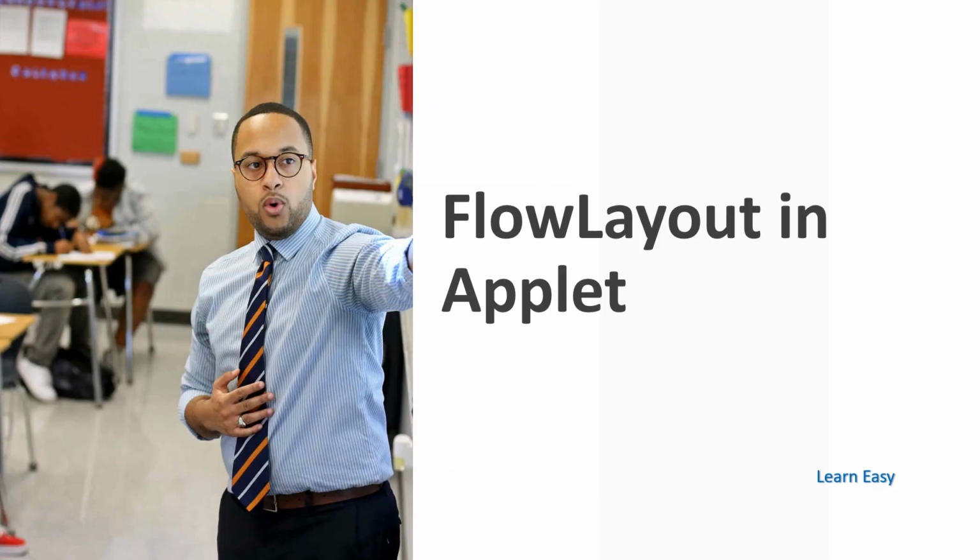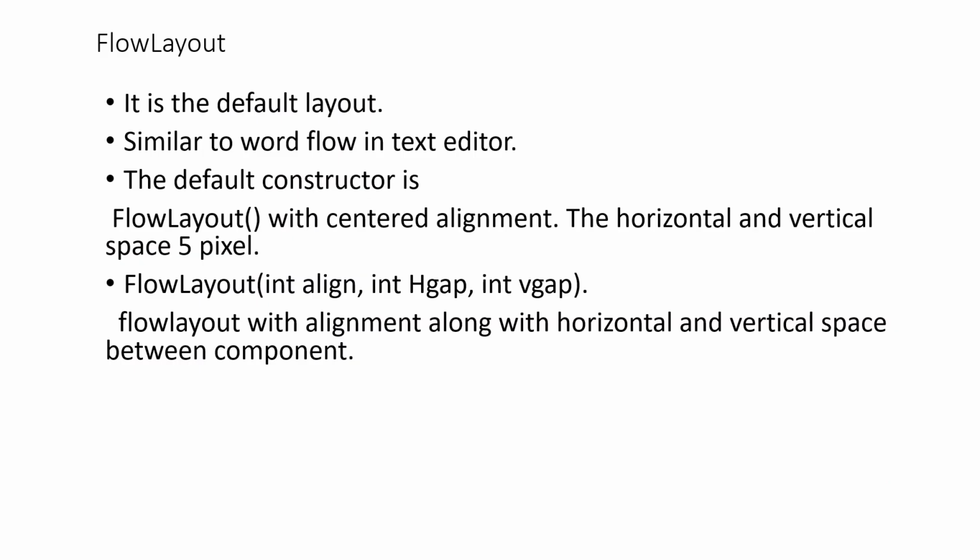Hello, in this video we learn about flow layout in applet. We already learned about layout manager and their types; refer to the video description. Flow layout is the default layout, similar to word flow in a text editor. You can type the words from left to right or right to left.